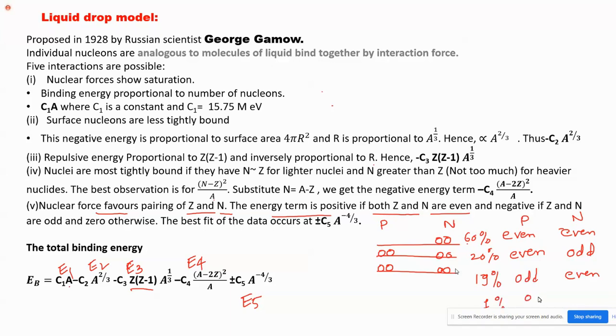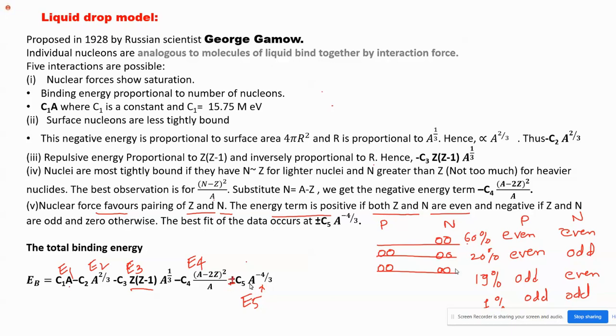are having odd-odd combination. So here again, the binding energy term is positive if both Z and N are even. For those elements, this term will be positive. So C5 will be the proportionality constant. So this will be our E5, this one. And negative, that's why the plus-minus term is there.